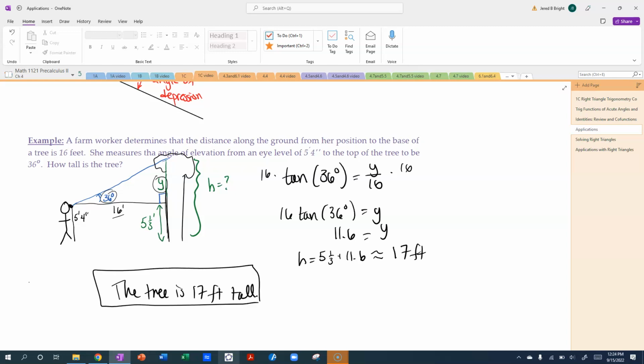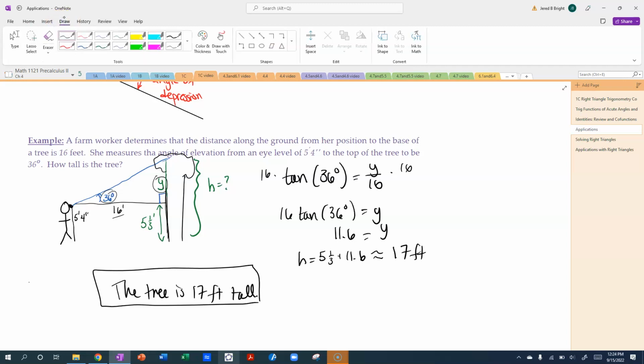Now, a common question I get is, do I have to use 36? What if I put the 36 here? I'm going to put this in red. 36 here. Well, in some instances you could be close, and in other instances you're going to be way off. This one, you'll probably be in the same ballpark.